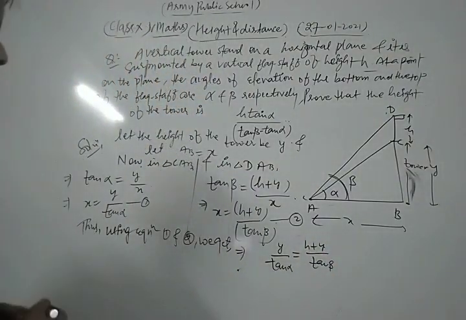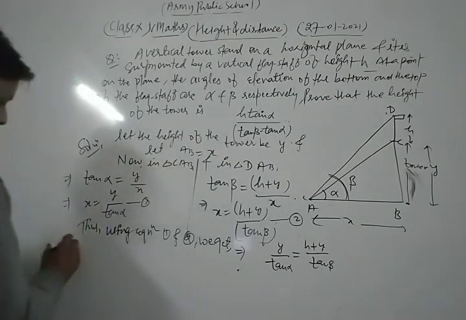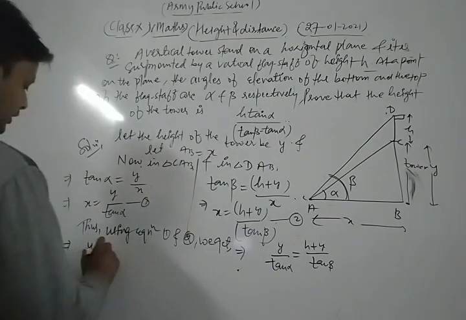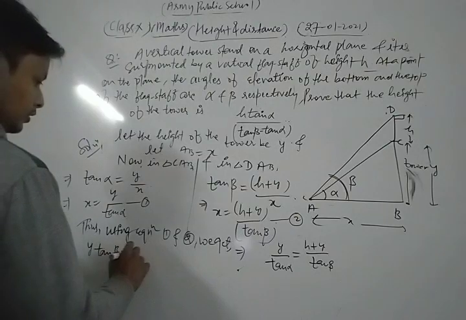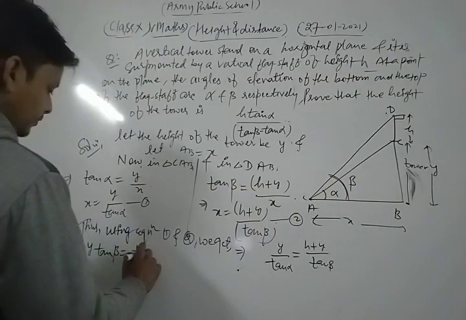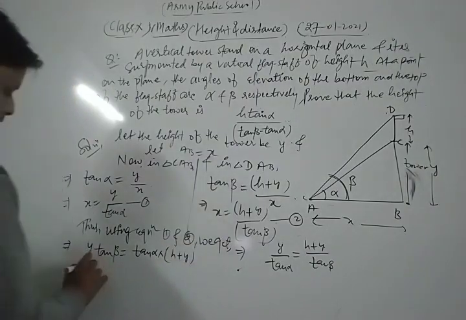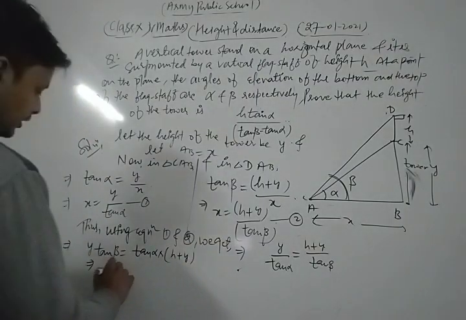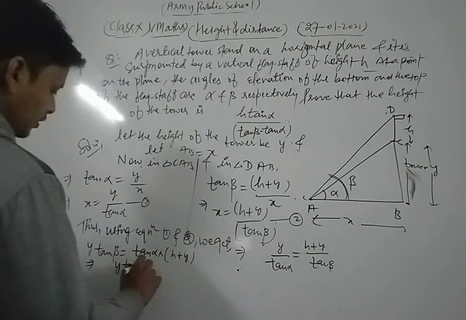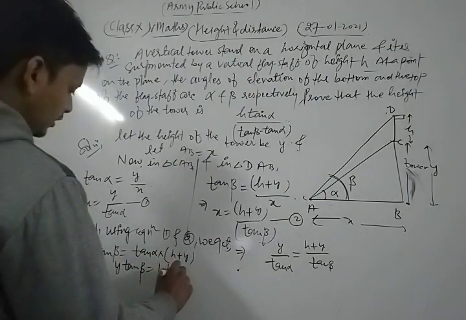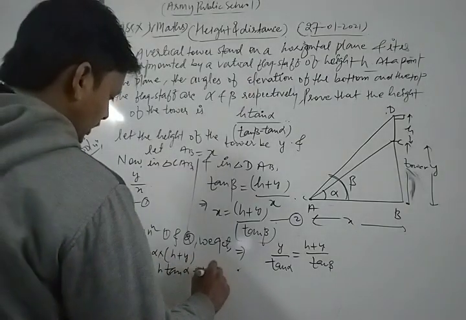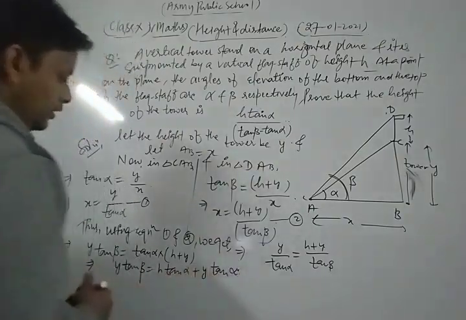Now we do the cross multiplication, and we get y tan beta is equal to tan alpha into h plus y, that is y tan beta is equal to h tan alpha plus y tan alpha.